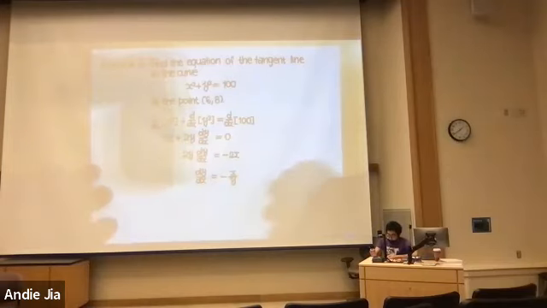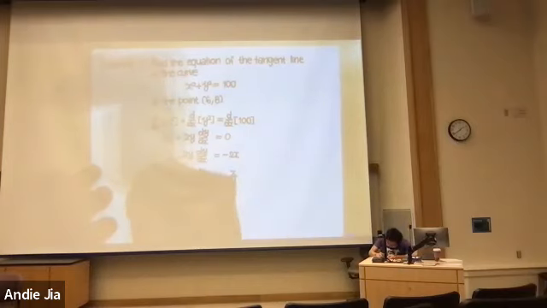At point 6, 8, the slope of the tangent line is negative 6 over 8, which is negative 3 over 4.